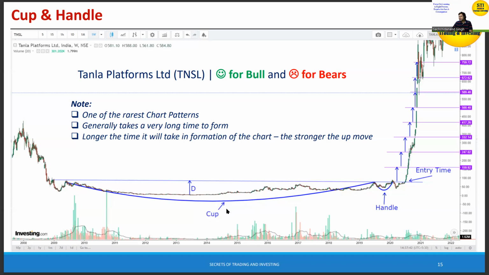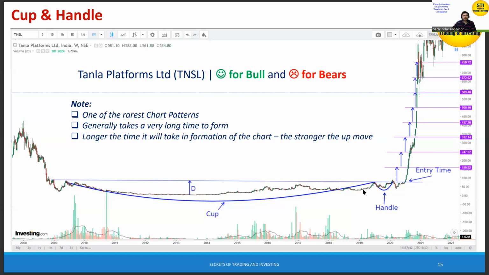And there will be another similar formation which will happen in a comparatively smaller period. Okay, so even on a weekly chart, for example, the making of the cup will take 10 years, but a similar formation is happening in maybe a year or 1.5 years. And that next one is called the handle. Okay, so here again, because somebody named it a cup and handle, I have to follow that particular gentleman, because otherwise you may ask the question, I don't see a handle.